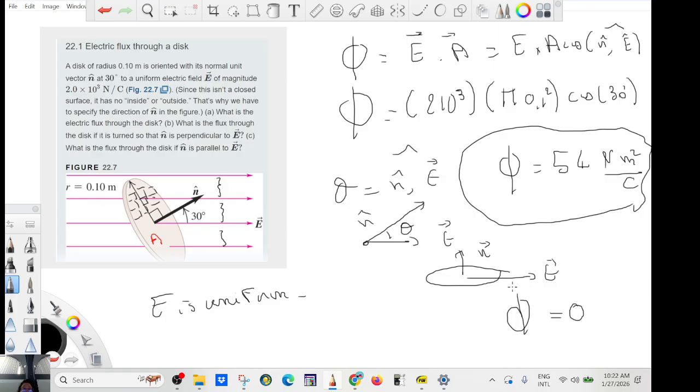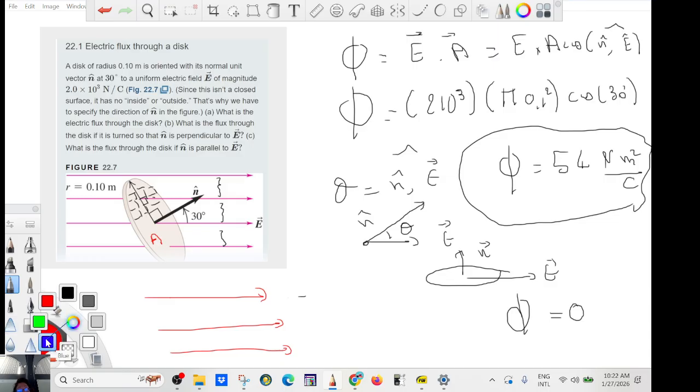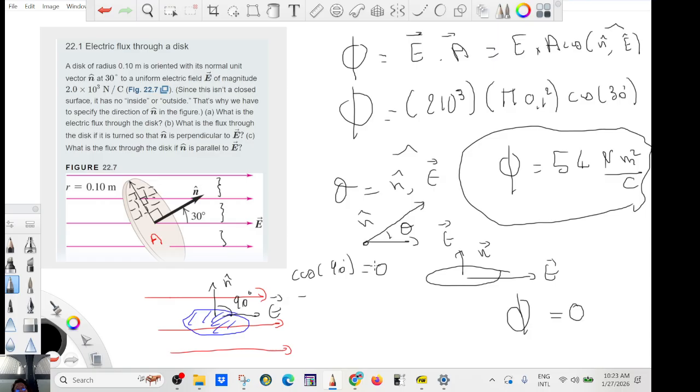You want to find the number of lines poking through the surface. If you have the electric field this way, and you have your little net here, and you are finding how many lines poke through, it's going to be zero, because n is this way, E is that way, this is 90 degrees, so cosine 90 equals zero.